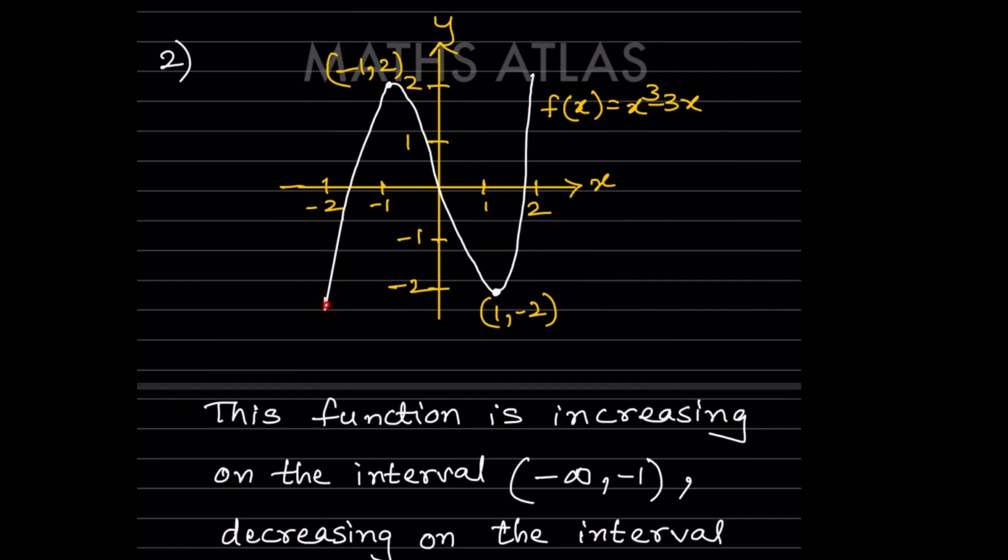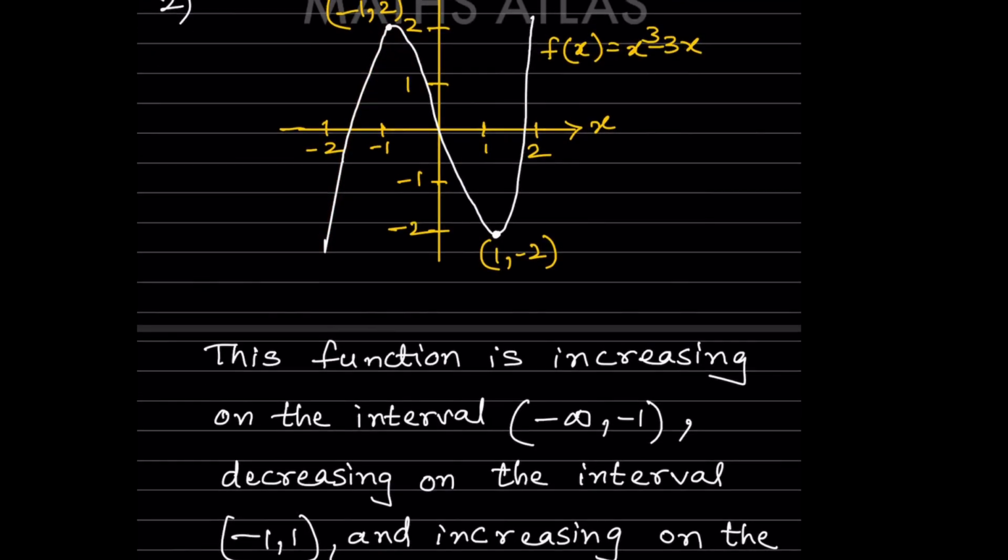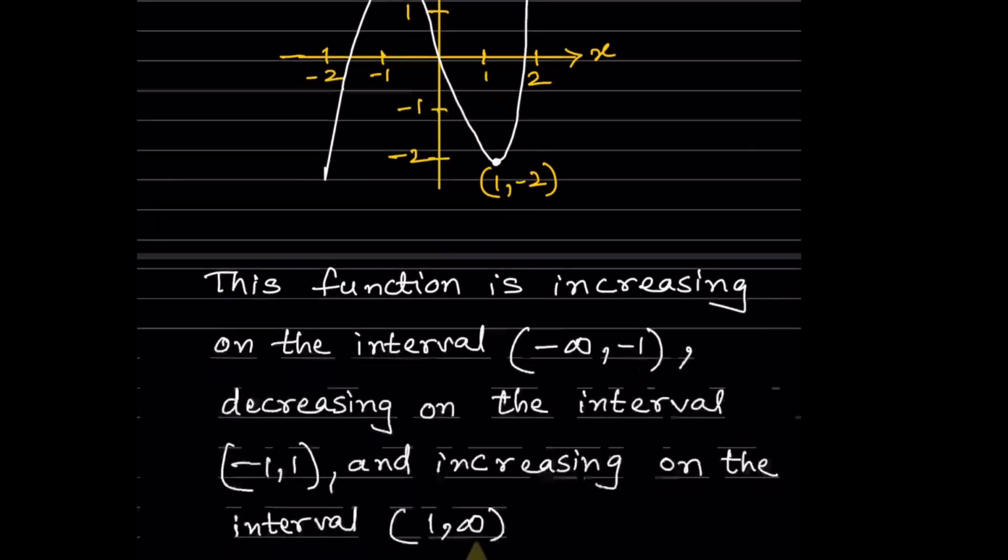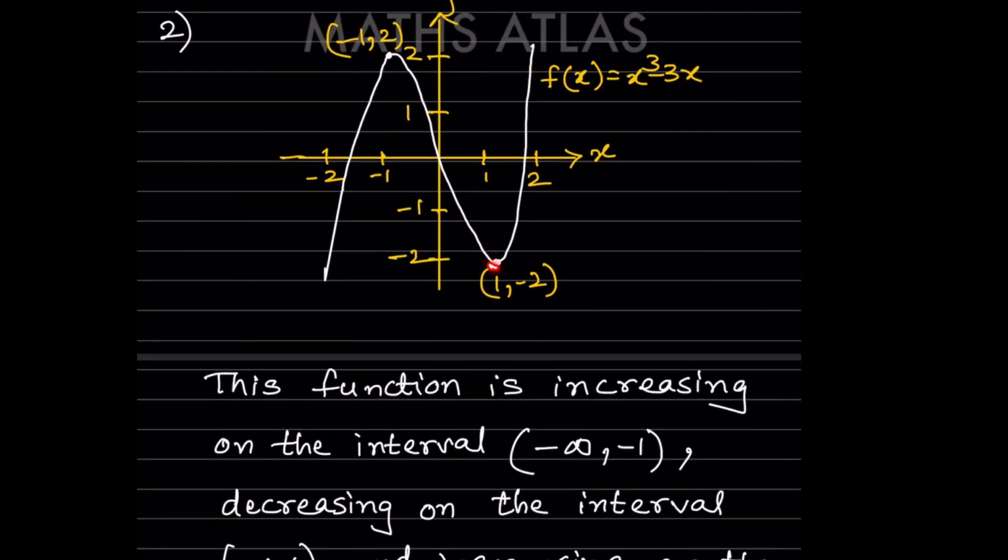So how is it going on? It starts from minus infinity, then it is increasing to -1, and then it decreases. How does it decrease? From -1 to 1 it is decreasing, and then again it is increasing from 1, and this goes on to infinity.